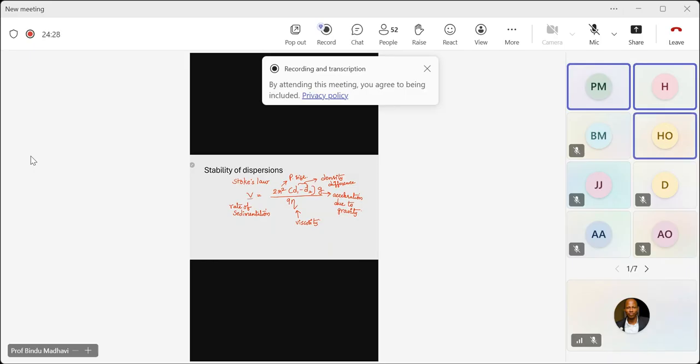So it is in inverse proportion to the sedimentation factor of the suspension. It is in inverse proportion to the sedimentation, indicating it is directly proportional to the stability. So when viscosity is more, stability is more. When viscosity is less, stability is less, because lesser viscosity is going to cause the sedimentation of the particles.